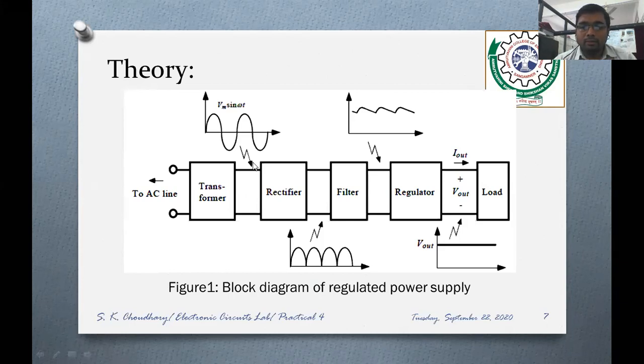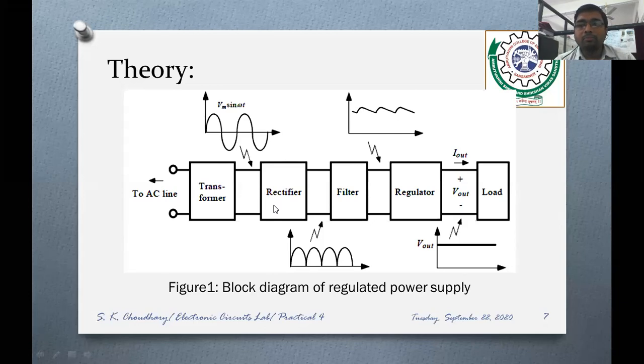The ratio of primary to secondary turns depends upon the output voltage we desire, so you use different step down transformers accordingly. The output of the step down transformer is again a sinusoidal signal, and this is given to the input of the rectifier circuit.